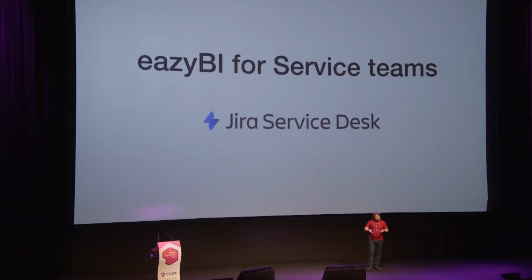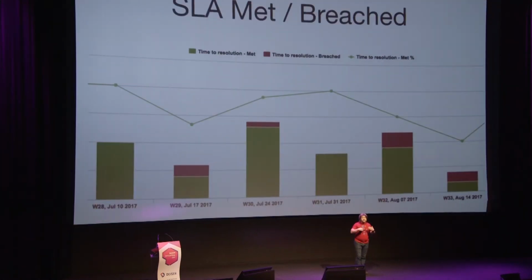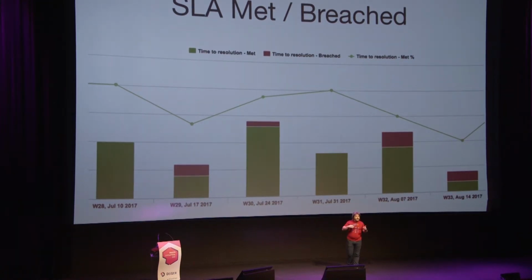As well as you can use eazyBI for service teams, and if you're using Jira Service Desk, then from Jira Service Desk we are extracting all SLA information that you have defined there, and then you can analyze by any SLA how many issues met SLA criteria, how many breached in percentage-wise, and then you compare them over time, as well as filter by any other criteria, like, for example, by customer request types.